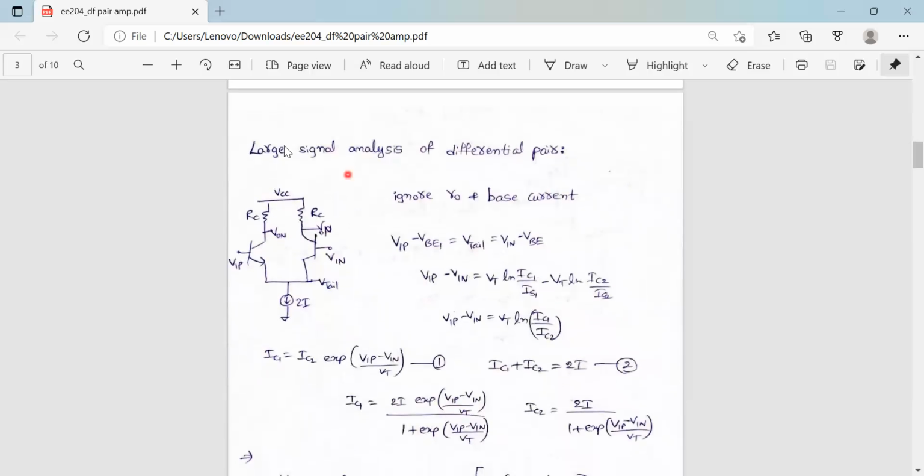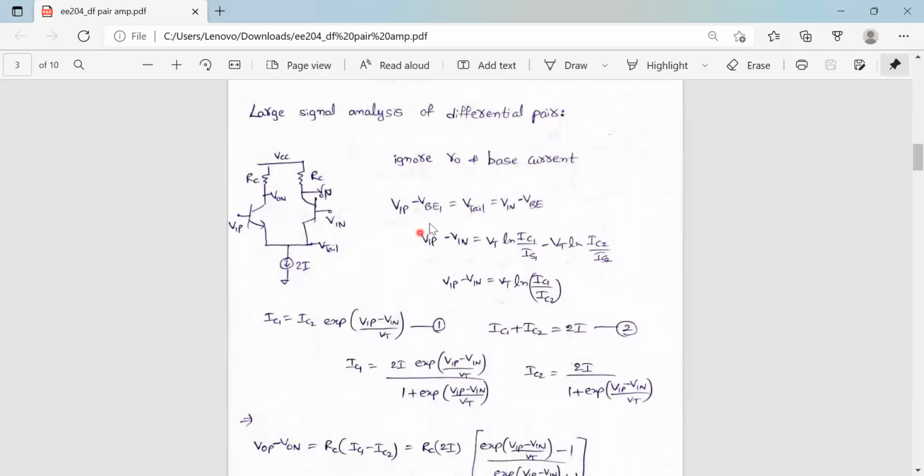Let's see the large signal analysis for this differential pair amplifier. If we take VIP minus VBE1 and VIN minus VBE2, and solve, we get VIP minus VIN is equal to VT into ln IC1 by IC2.